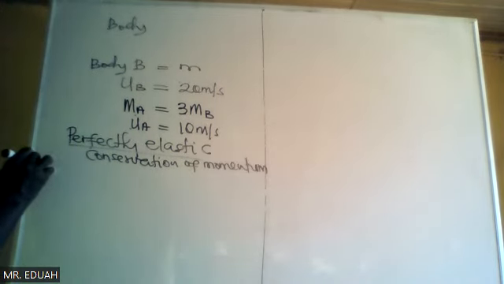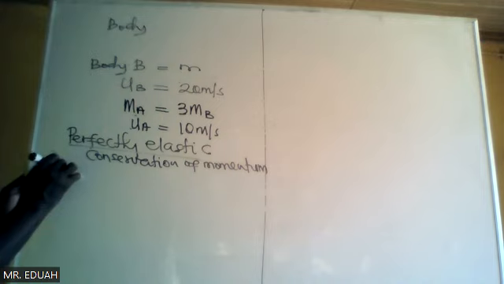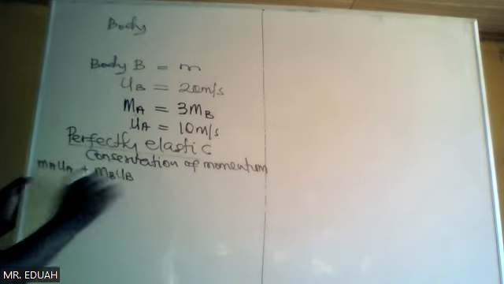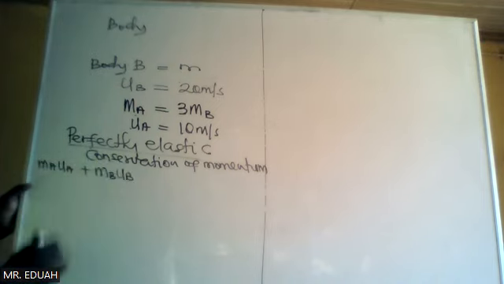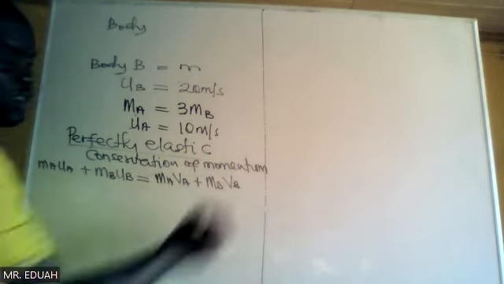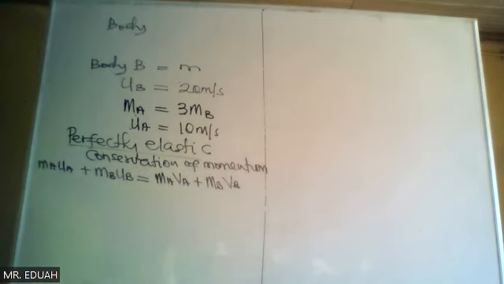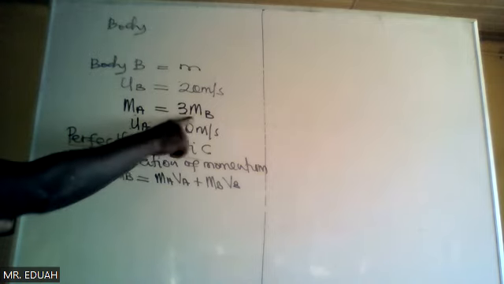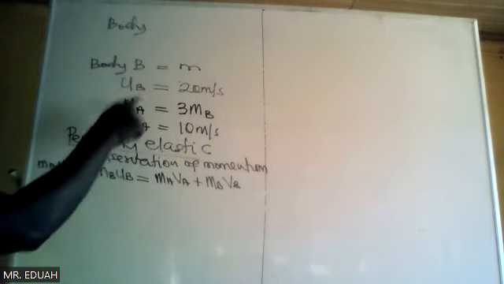you have mass of A times initial velocity of A, plus mass of B times initial velocity of B, equal to mass of A times final velocity of A, plus mass of B times the final velocity of B. So put in the information as we were given. Mass of A is 3 times the mass of B, so wherever I see mass of A, I'm going to substitute 3 mb.